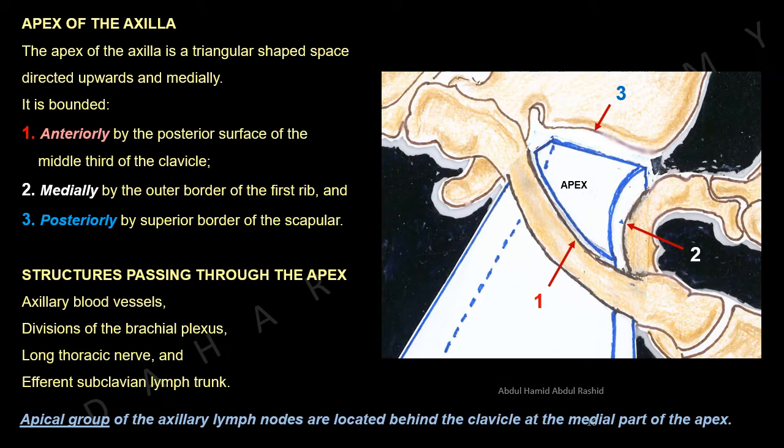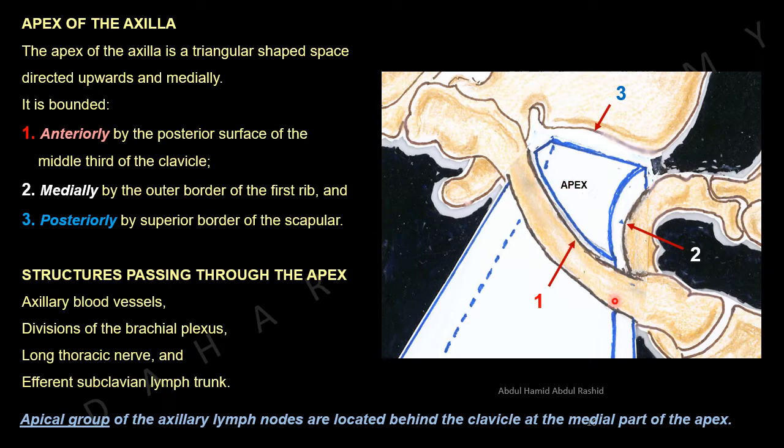Apex of the axilla. As you know, the axilla is a four-sided pyramidal shape, consisting of four walls and the floor of the base. Opposite to the floor of the base is the apex of the axilla. Now let's see the diagram first.